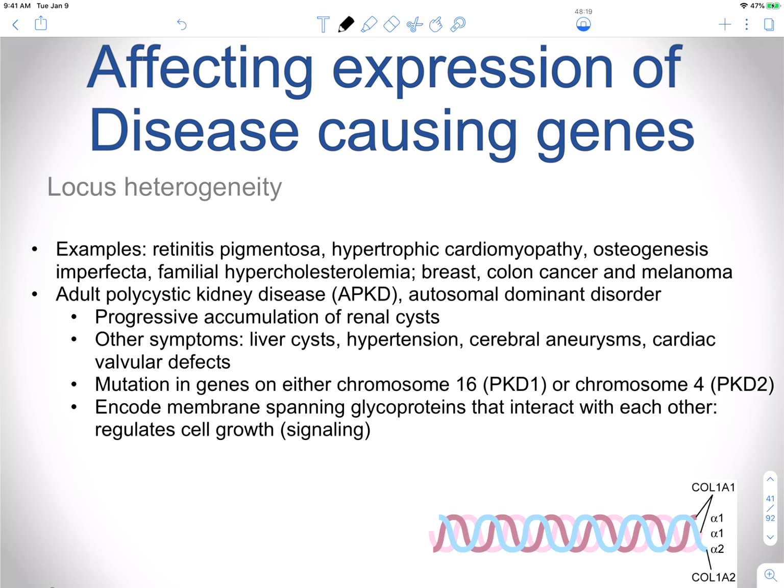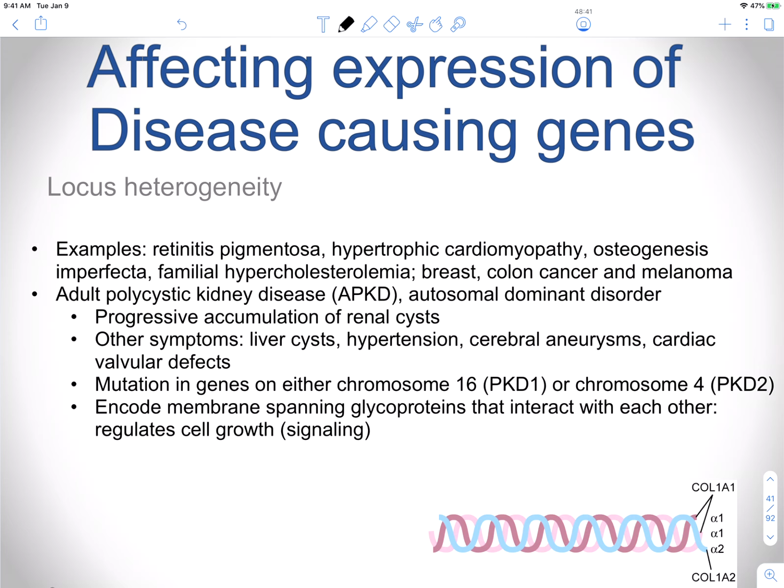Examples of locus heterogeneity are retinitis pigmentosa, hypertrophic cardiomyopathy, osteogenesis imperfecta, familial hypercholesterolemia, breast and colon cancer, and melanomas. There is adult polycystic kidney disease, APKD, which is an autosomal dominant disorder.